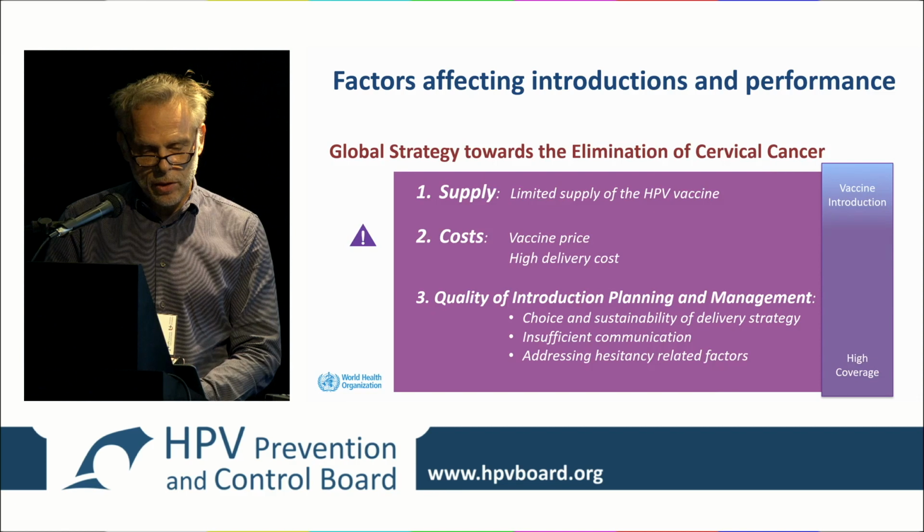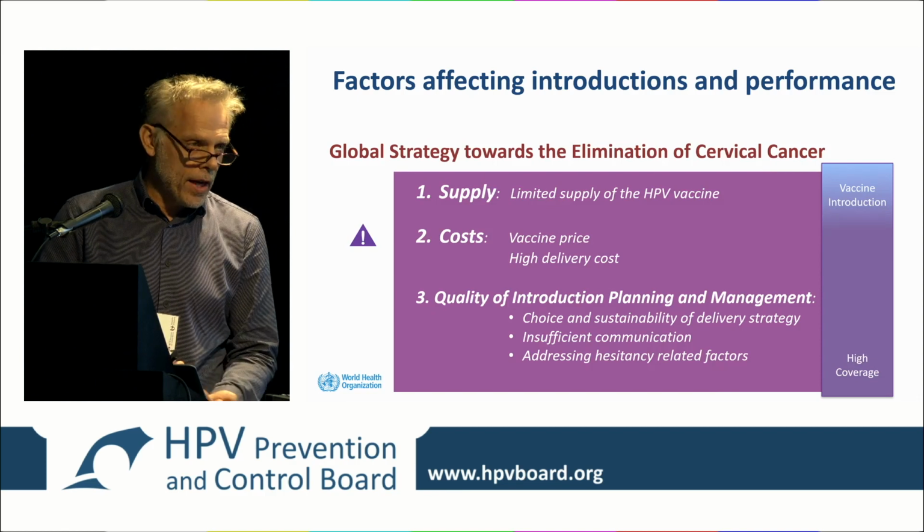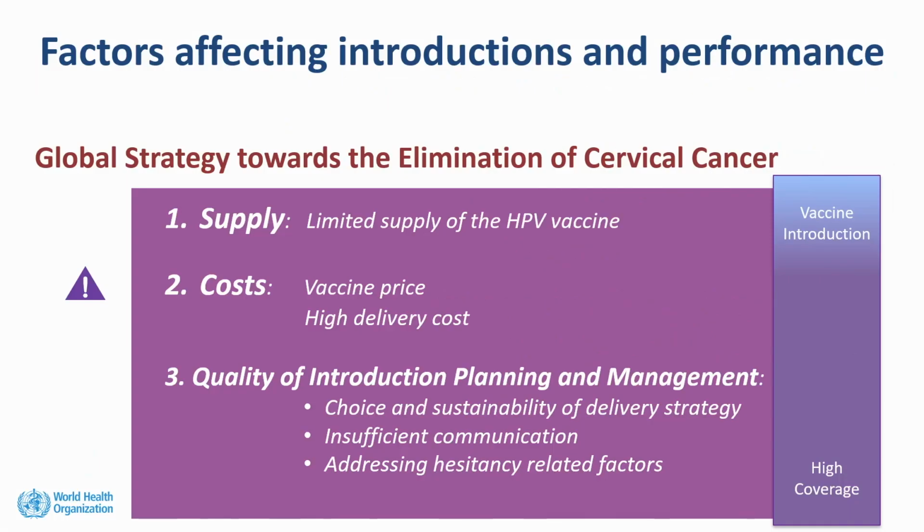So now a little more look at the vaccination. In the strategy, we mentioned 3 key factors for both vaccine introduction and reaching high coverage. So, supply. I think the comment made yesterday that this is a transitionary issue is very true. It just comes for this work at a very unhelpful time, let's put it this way, because the strategy is going to focus on the next 10 years.